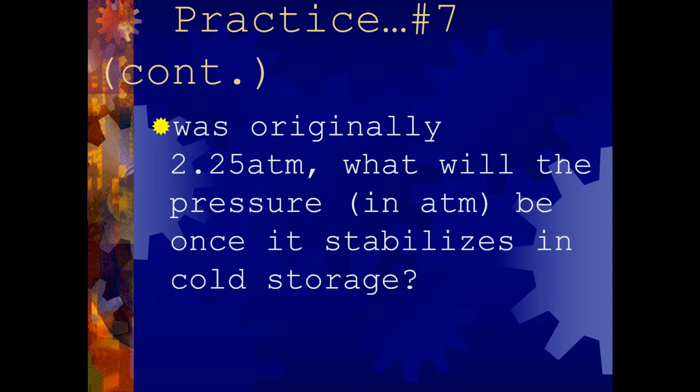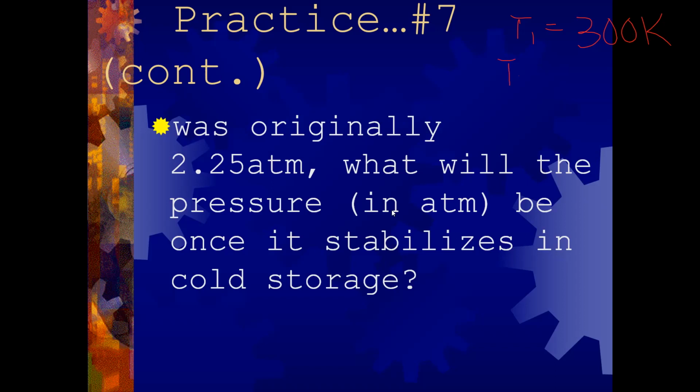So let's write all of this down. T1 equals 27, and remember, we have to change it to Kelvin, so 27 plus 273 is exactly 300 Kelvin. That's T1.